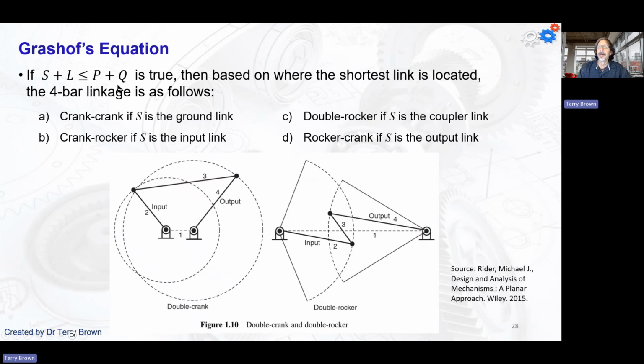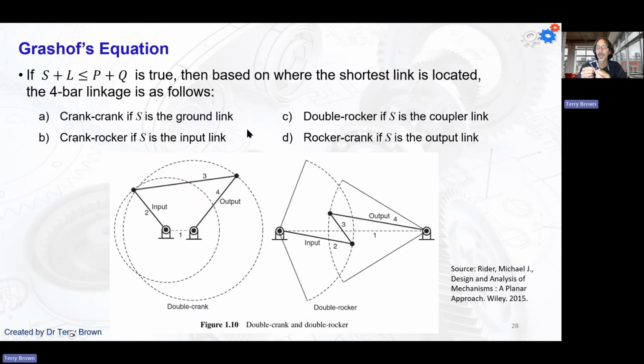All right, so if Grashoff's equation is true, so at least one link can be a crank, then depending on where the shortest link is located, so depending on the inversion, the 4-bar linkage will be as follows.